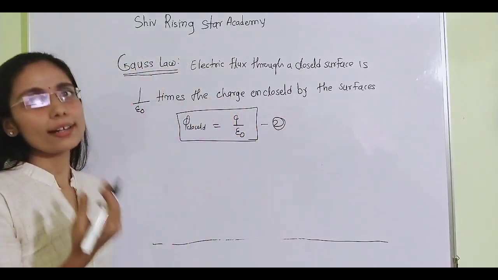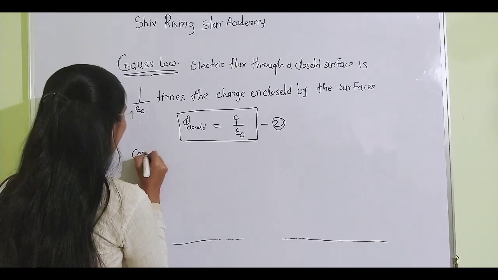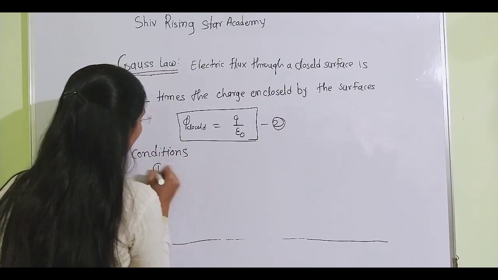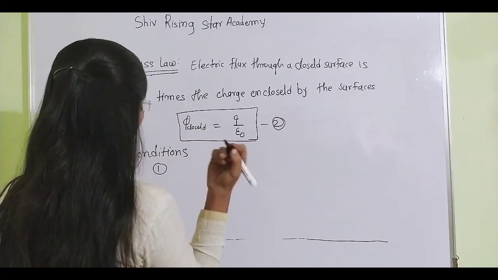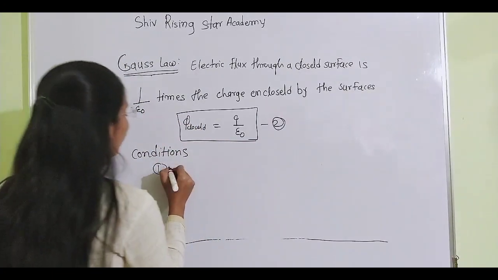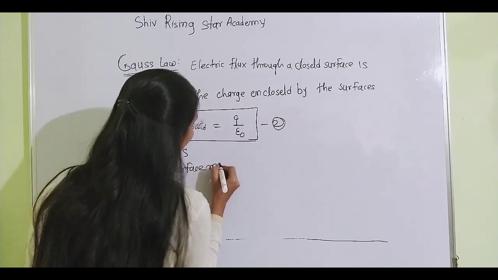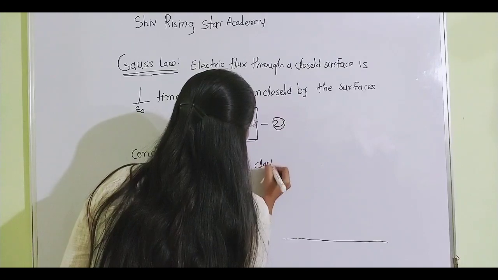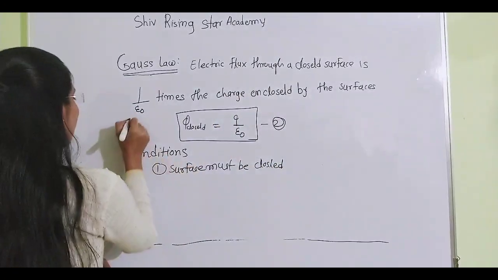And there are some conditions for applying Gauss's law. So what are those conditions? The first condition is that the surface must be closed. Suppose we have a sphere.